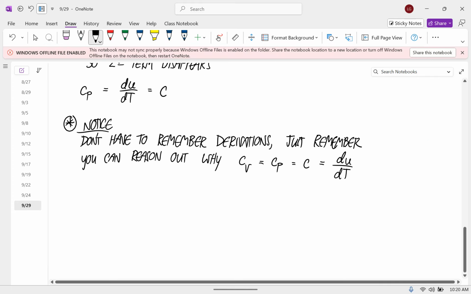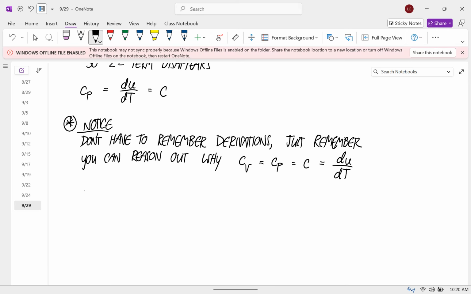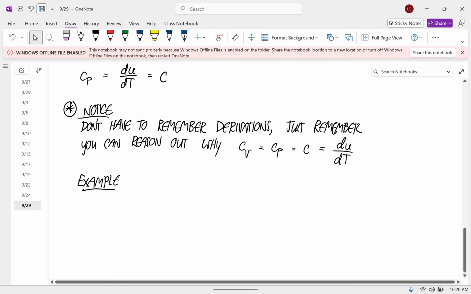Okay, well, let's do an example of how this is useful. So let's say we have 2 kilograms of liquid water.